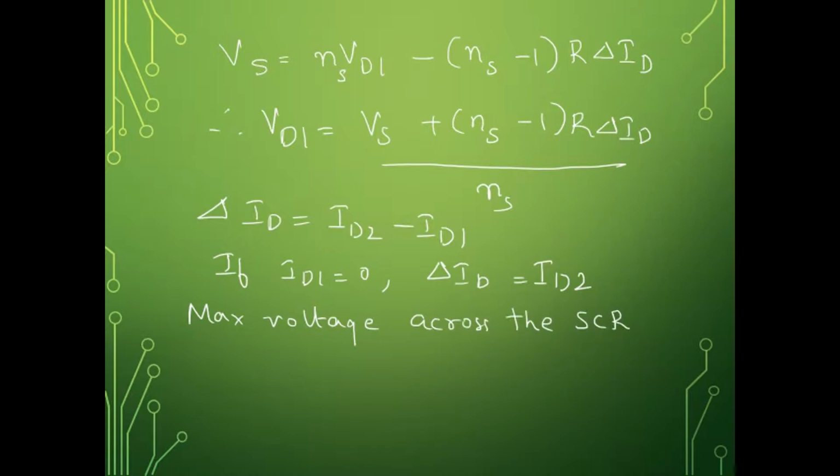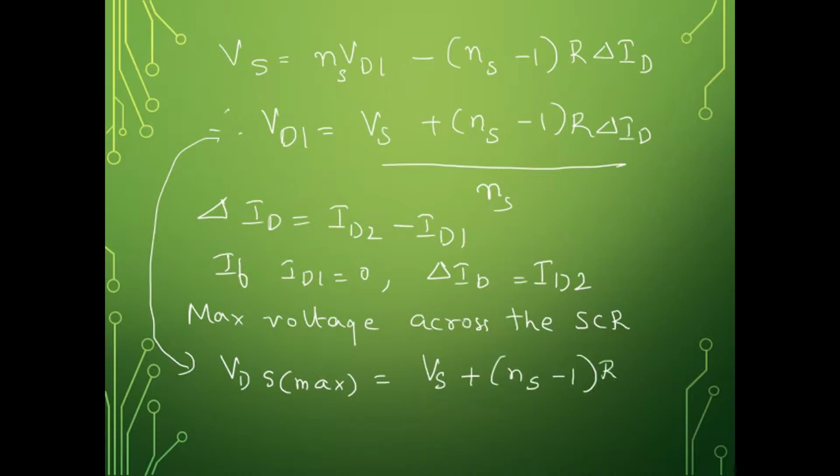So I will rewrite this as VDS, that is the steady state voltage, S is steady state. The steady state voltage will be maximum when it is Vs plus Ns minus 1 into R into ID2 divided by Ns.